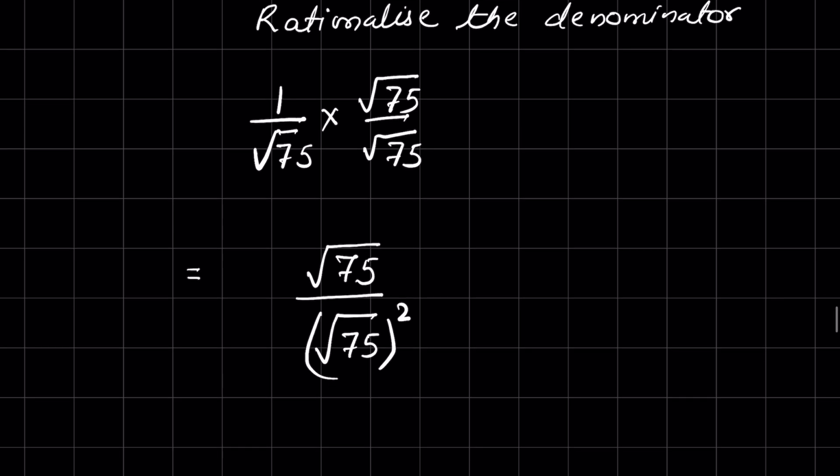Now this square removes the square root. How? Because when A is under square root, it means A is raised to the power of 1 upon 2. The square root 2 is here, the root. A has the exponent 1. So when we remove the square root, this 2 comes to the denominator and it becomes A raised to the power of 1 upon 2.